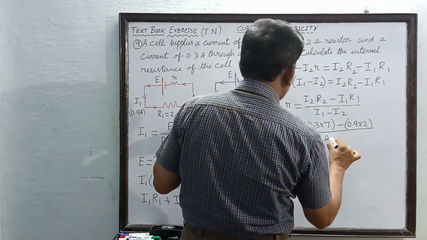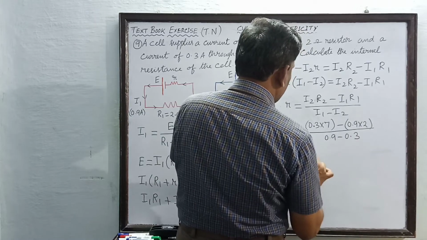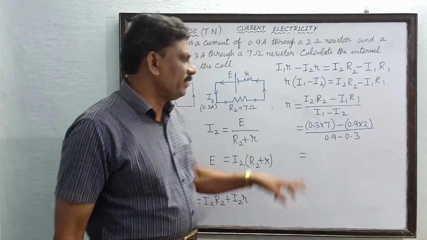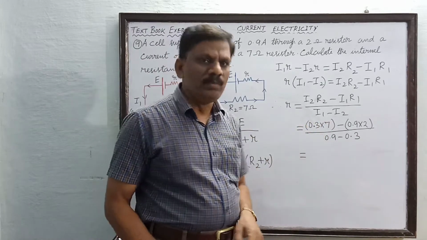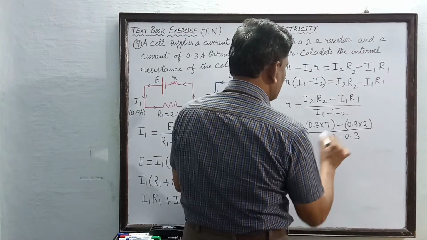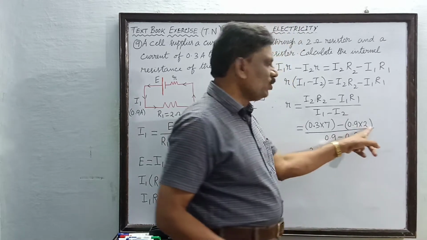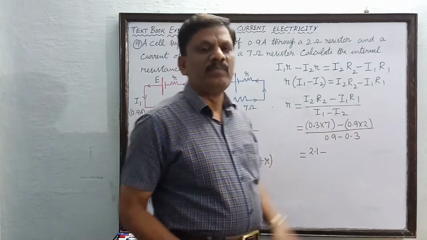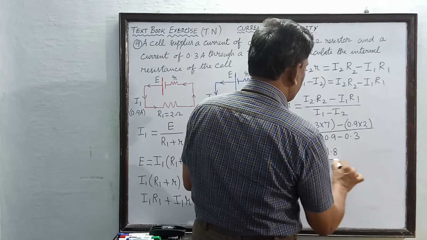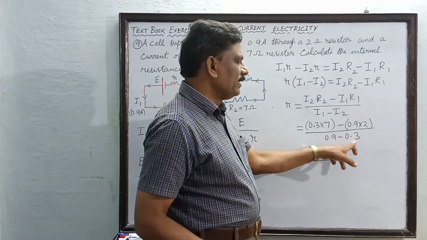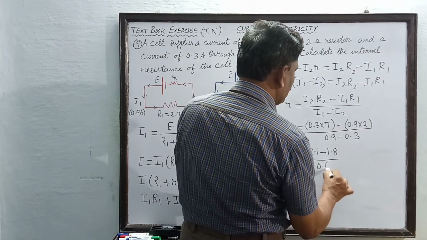So 7 into 0.3 is 2.1, which is the first term of the numerator. Then 0.9 into 2 is 1.8, minus 1.8, divided by 0.9 minus 0.3, which is 0.6.